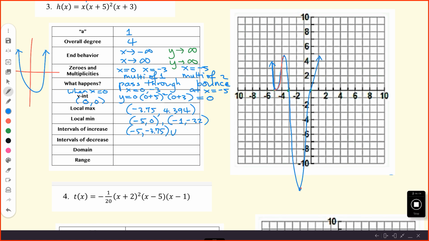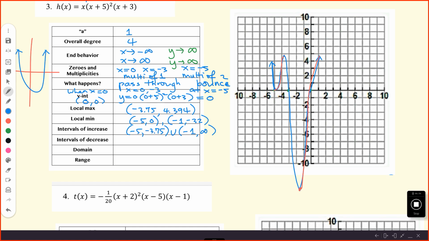Okay, and then union. And then this part is also increasing, from here to here. So that is the local min, which has x value negative 1. Yes, negative 1, and then to infinity. So negative 1 to infinity.